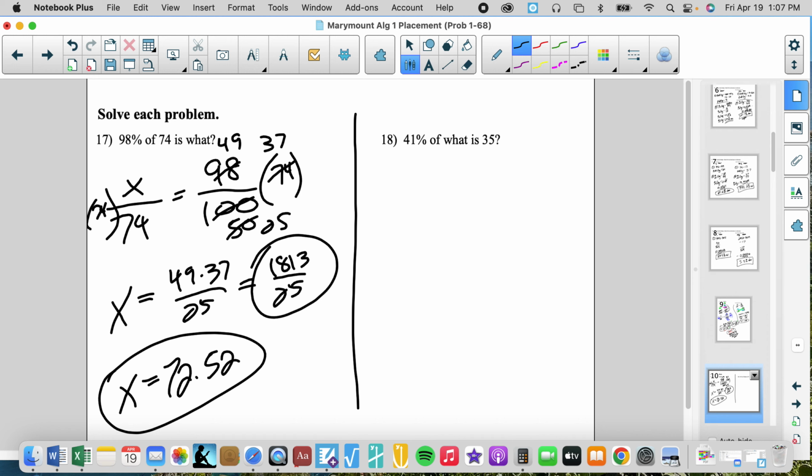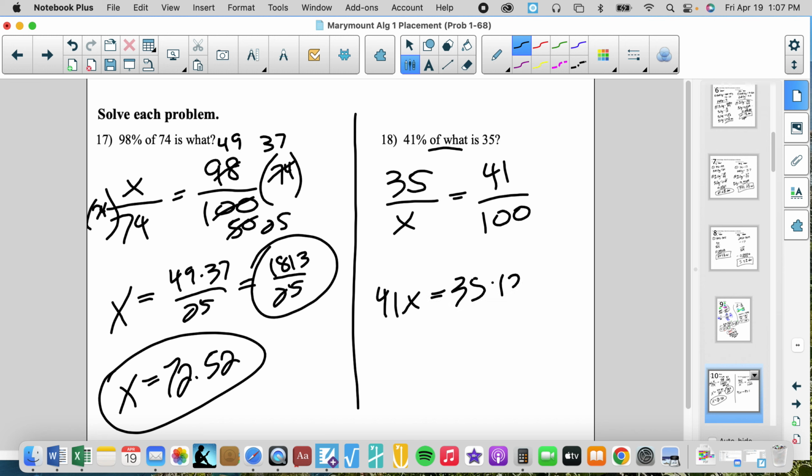So 41% of what is 35? Now the is over of is this time what we're looking for. 41% over 100. We get 41x equals 35 times 100. My variable is in the denominator.